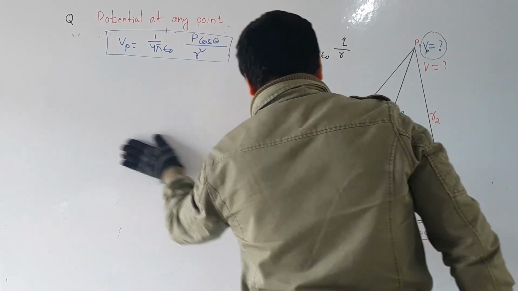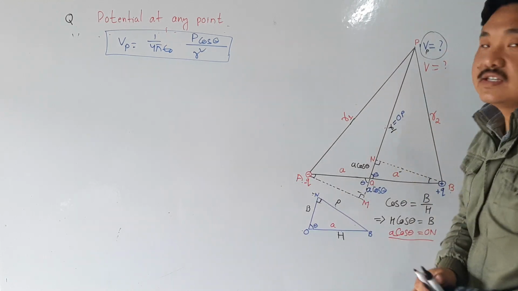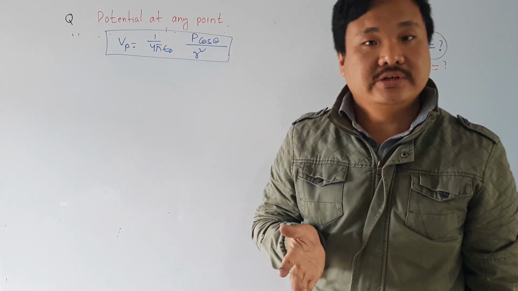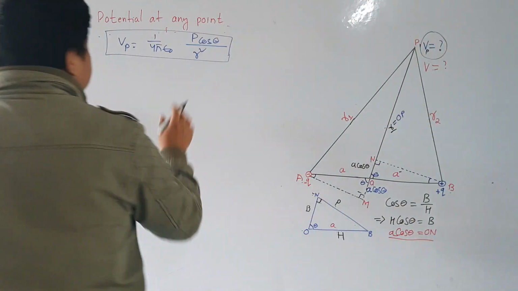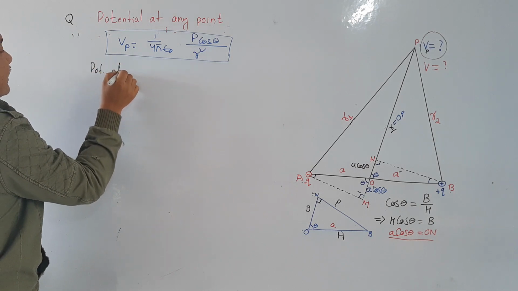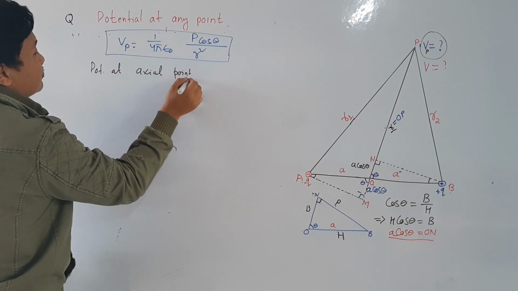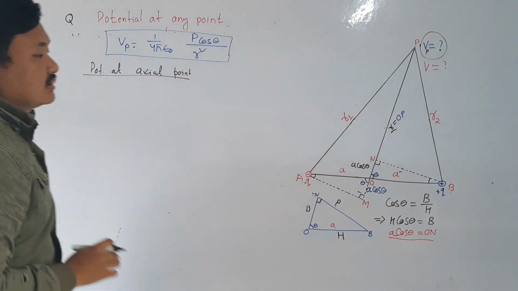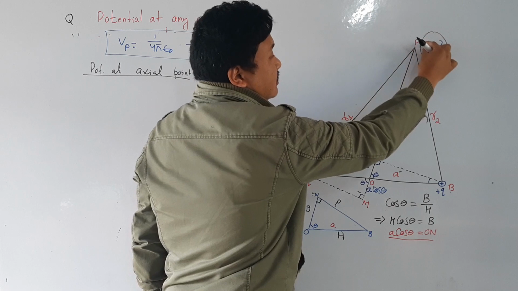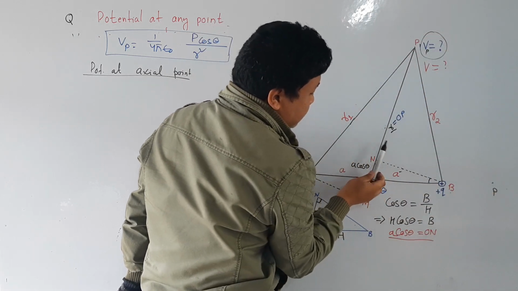Now the importance of this equation is that using this equation we can always calculate the potential at the axial point and the potential at the equatorial point. How? So using this, let me hide, the potential at the axial point. So this is the speciality of this one. For the axial point, what I need to do is bring this point down and make it here, P. It means that it was like this.